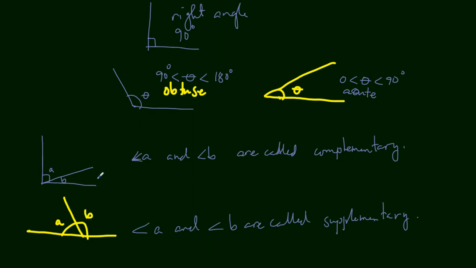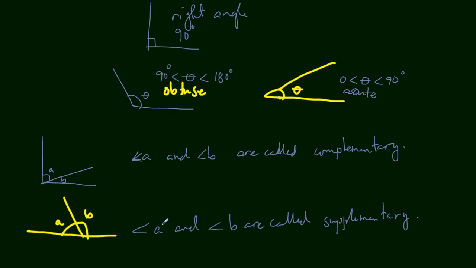There will be a lot of confusion in this, so just think 90 is complementary, 180 is supplementary. If I divide 180 degrees into 2 or more angles, then they are called supplementary angles.